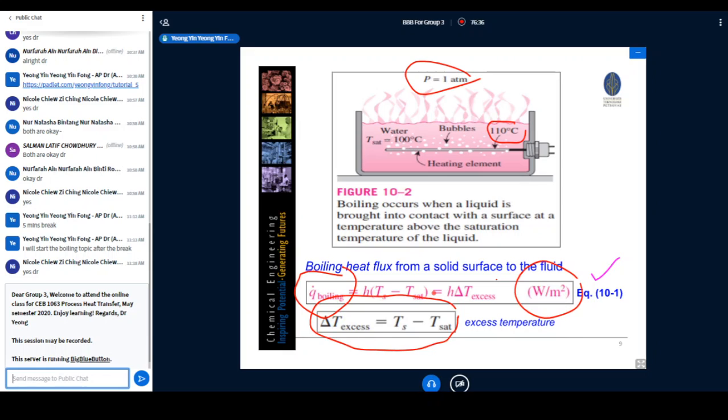For this case, delta T excess would be 110 minus 100 degrees C, equals 10 degrees C. So this is how to calculate delta T excess. Simple and straightforward.